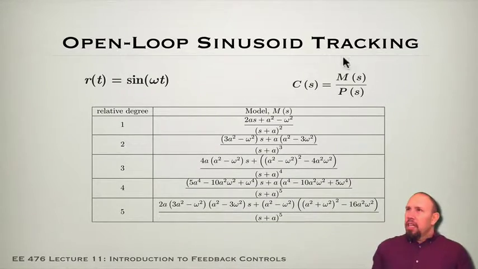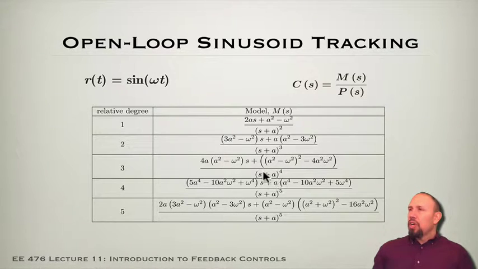Open loop tracking with a sinusoid. If we want to track a sinusoid, these controllers will track a sinusoid with 0 steady state error. Again, it uses a controller of this form where it has the model and the plant. The plant is going to be canceled, and the model is given by this depending on the relative degree of the plant. This has relative degree 1, this has relative degree 2, and so forth.